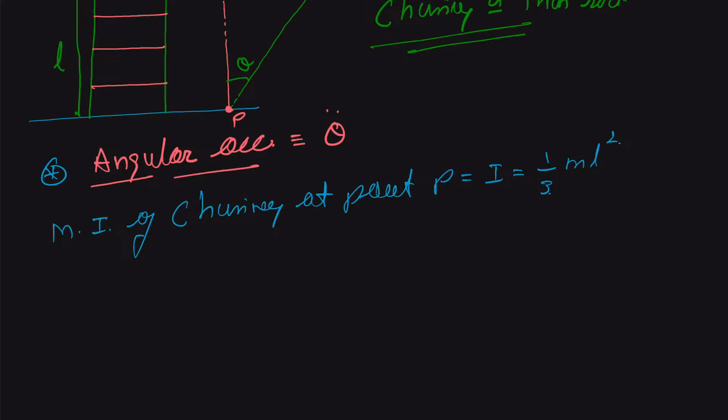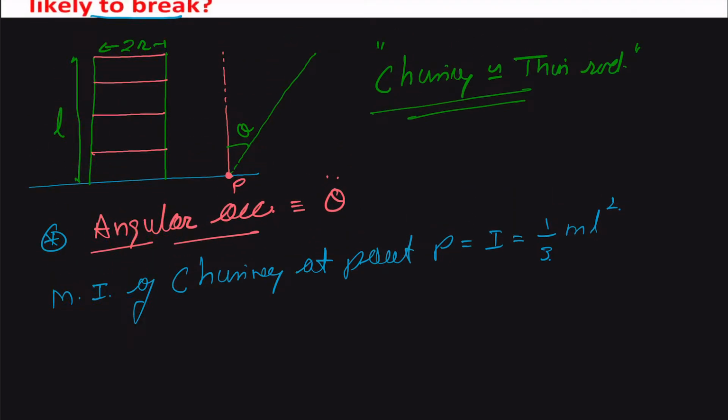Okay. And obviously the center of mass is somewhere here, so mg will be acting in the downward direction, and the distance of this mg from the pivot point is L/2, so it is going to produce a torque.